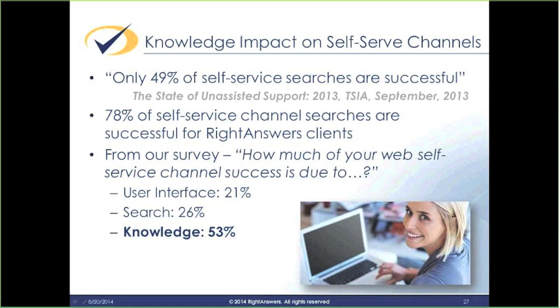And we find that kind of really low because from our clients, now these are people who are using RightAnswers, with their client success managers and improving their knowledge all the time, our clients show 78% of self-service channel searches are successful.